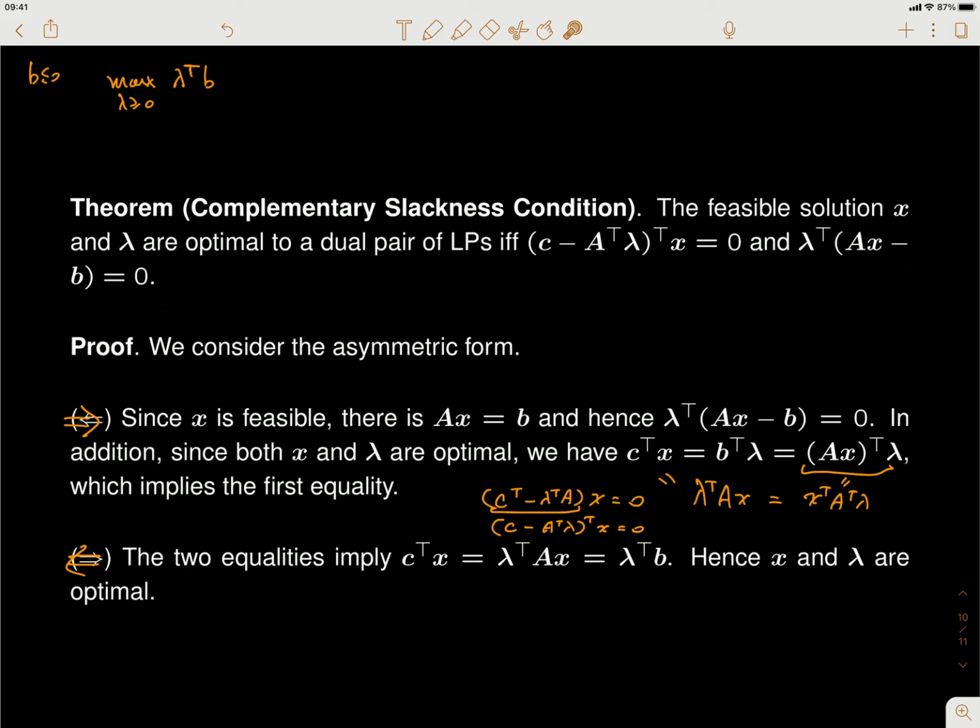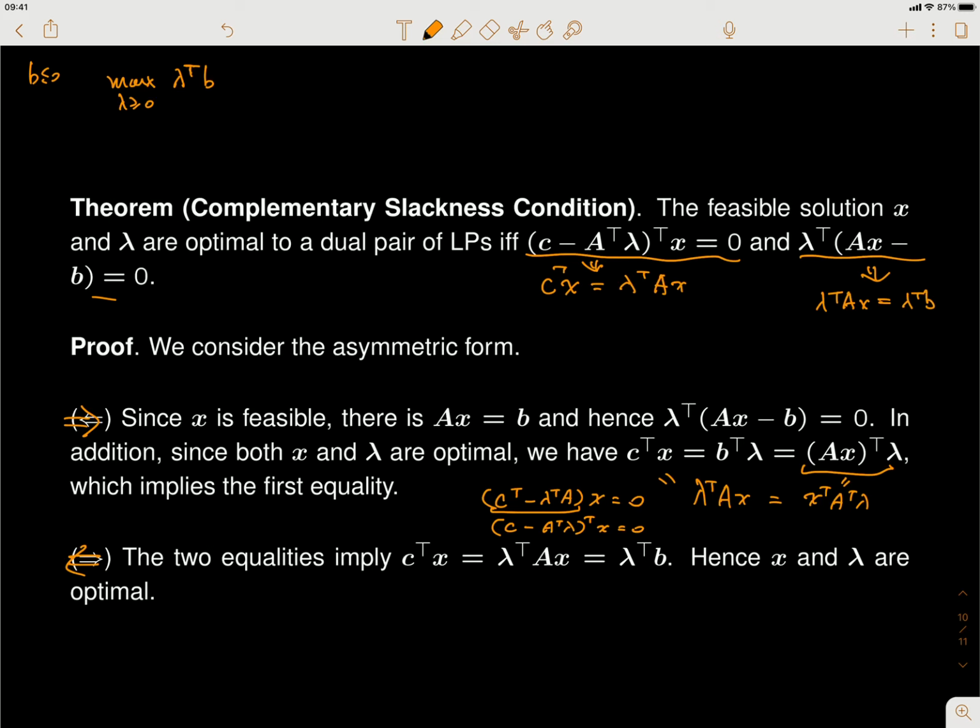And then assuming these two conditions hold, this one here implies that c transpose x equals lambda transpose Ax. And this one here implies that lambda transpose Ax equals lambda transpose b.